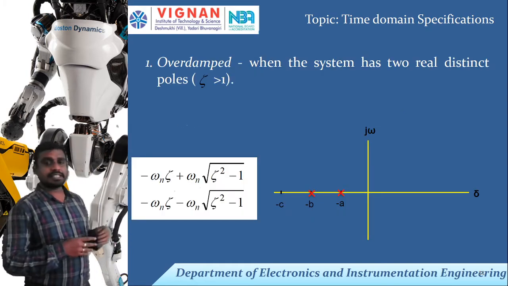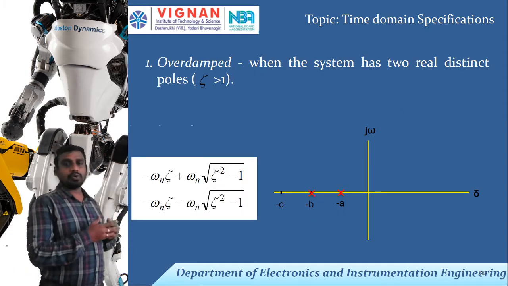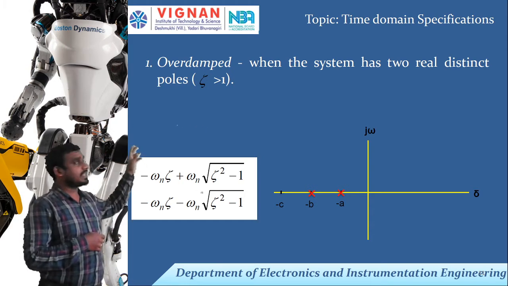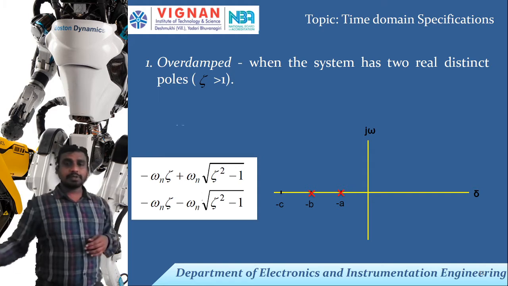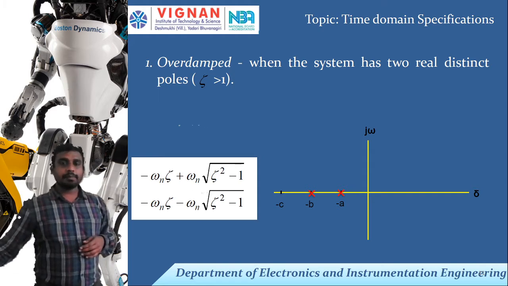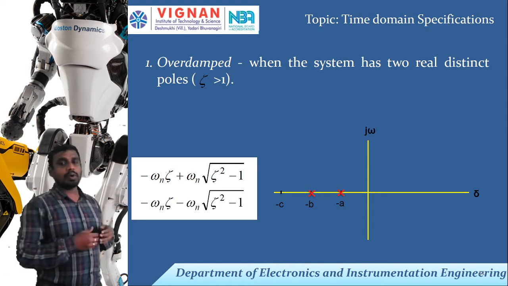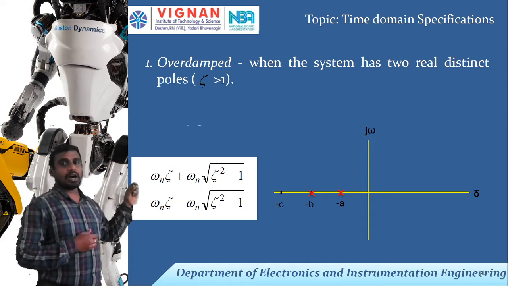In the first case, if the system is overdamped, the zeta value should be greater than 1. If you substitute any zeta value greater than 1 in the poles, the pole values you get are real and distinct, right?